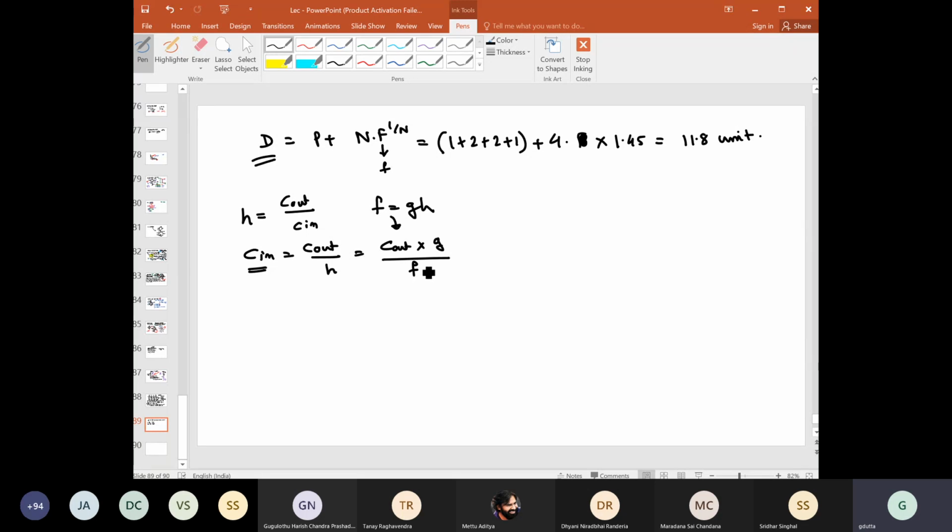Small f value we already know, and we also know the value of g, or logical effort, of each gate. Now let us see how we can use these expressions to find the size of each gate. First, you have to find the total input capacitance of each gate. That means we have to find the value of x, y, and z. Once we know x, y, and z, we can then find the widths of the transistors for each gate.